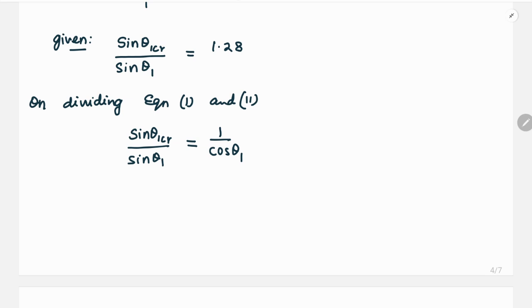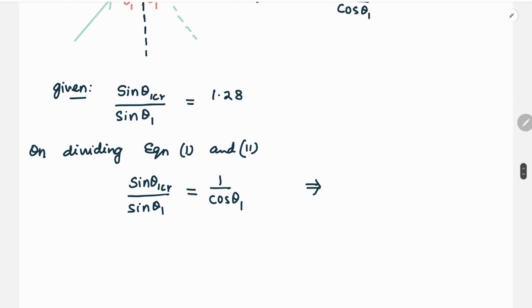So from here we can say that the value of cos theta 1 can be written as 1 by 1.28.